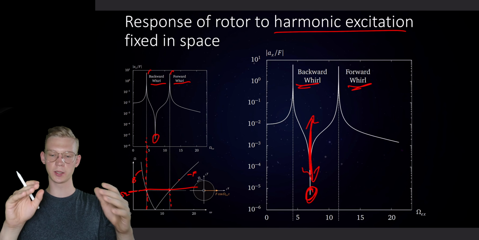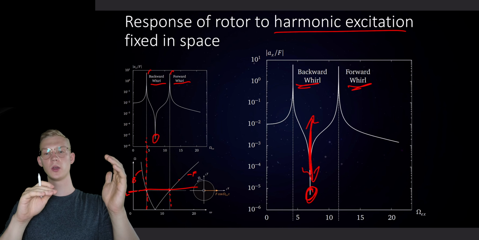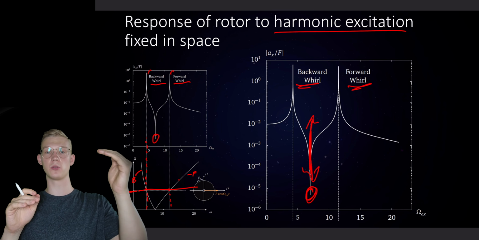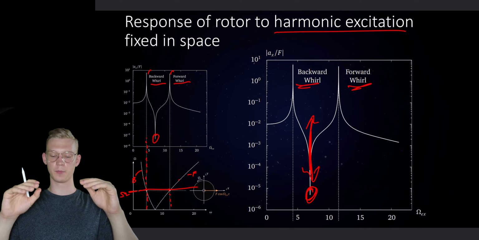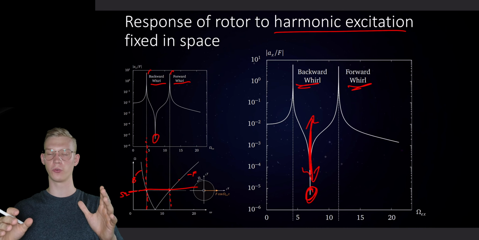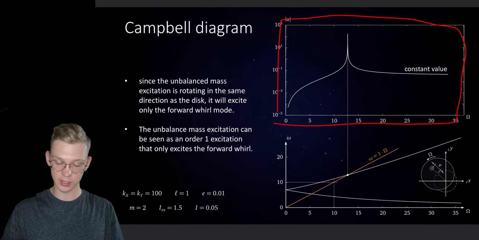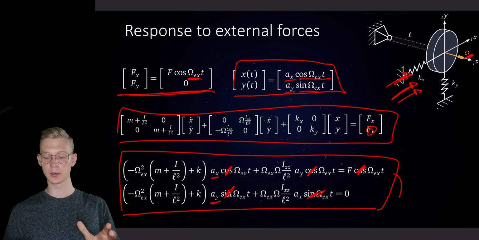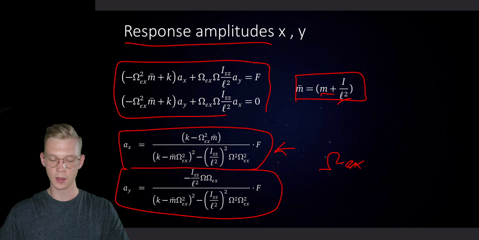If we're pushing it in the x direction, it will move up into the y direction and try to move again into the x direction. But this movement is basically stopped by the excitation force of our external force. And because this is happening, our system will just move up and down.